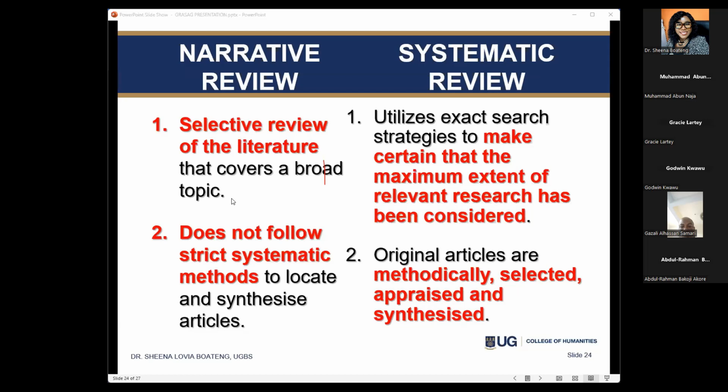And because it does not follow strict systematic methods, it is very difficult for you to be able to justify and systematically follow the issues that are emerging and the gaps that you're identifying, and why you are going to pick on specific gaps to pursue for your own research, which the systematic review will help you to be able to do. So like I said, I'll always encourage my students, regardless of level, whether long essay or thesis, to always begin with a systematic review.